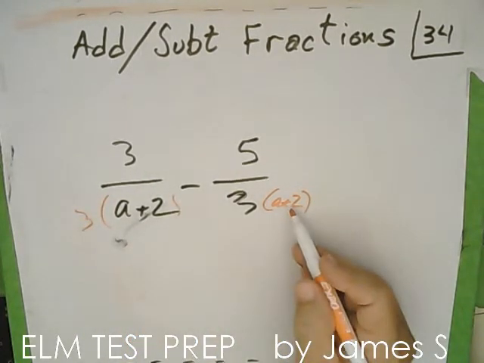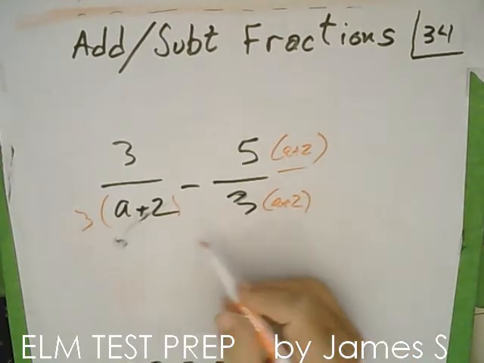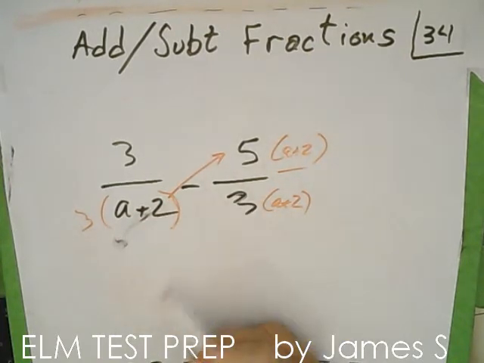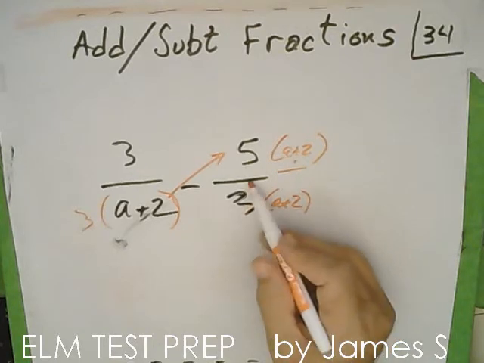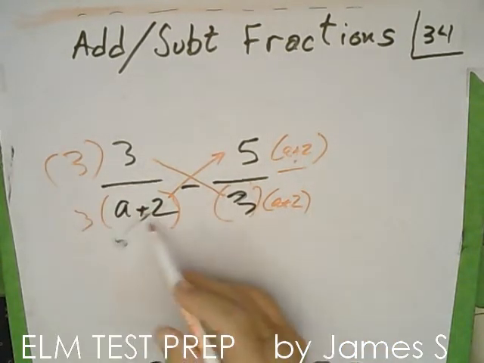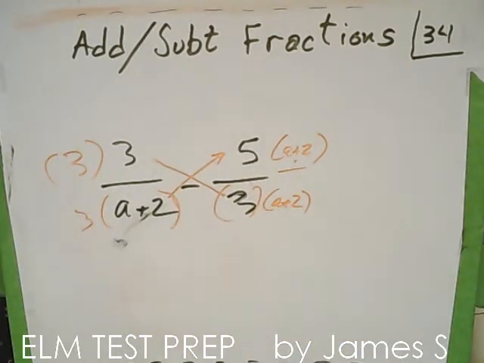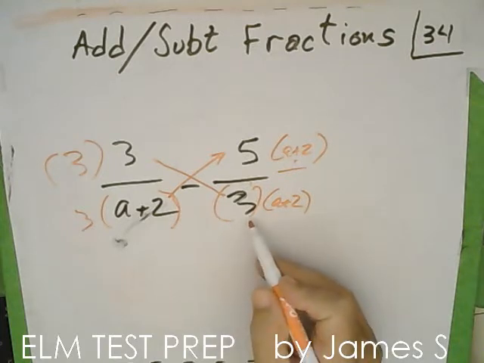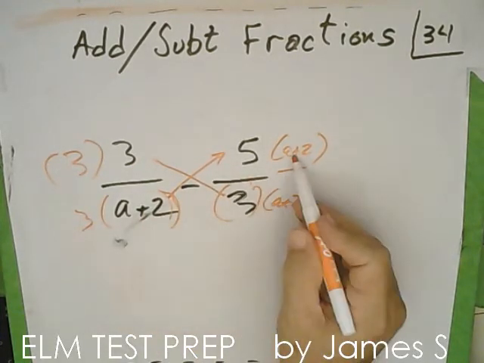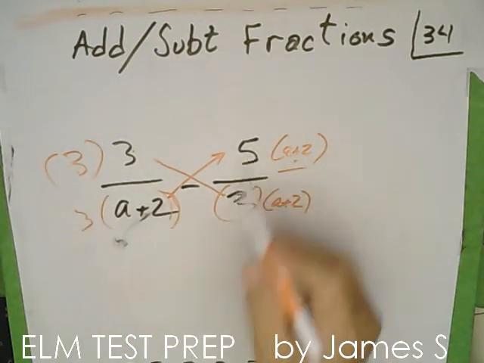Well, you notice that I also multiplied the top by a plus 2. Actually, what I did is I took this amount and multiplied it over there, and there it is. So I could get my tops simply by cross multiplying my bottoms. So I would take this number times this, this quantity times this, so 3 times 3, and a plus 2 times 5.